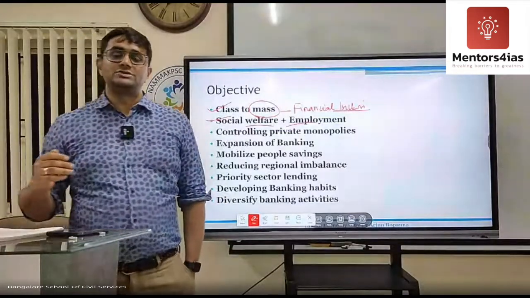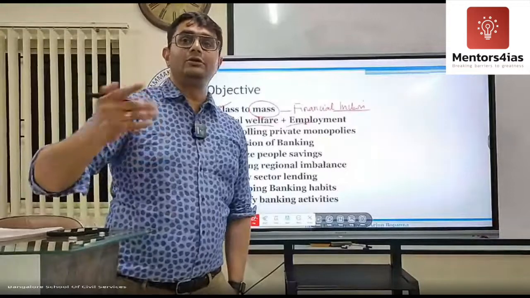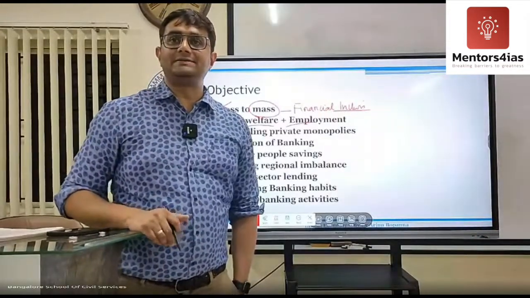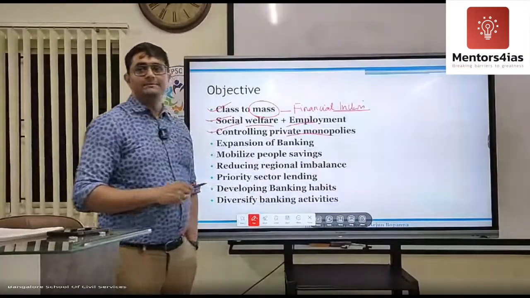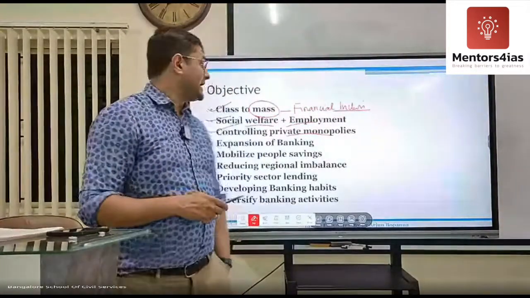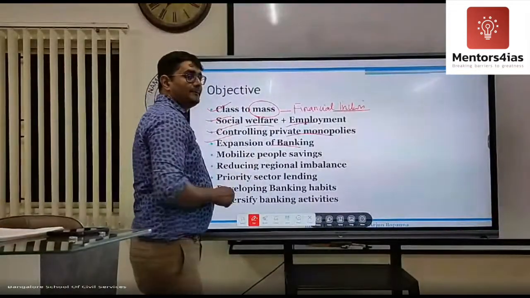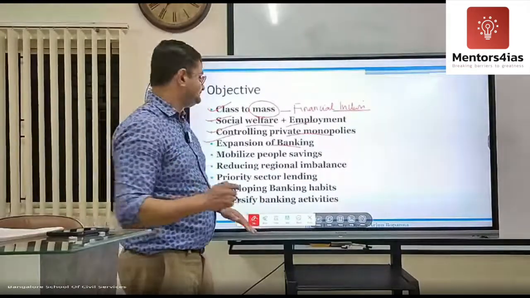They introduced priority sector lending. Banks started lending to priority sectors. Then controlling the private monopoly, the DPSP, to prevent the concentration of wealth in few hands. Expansion of banking into remote areas across India.